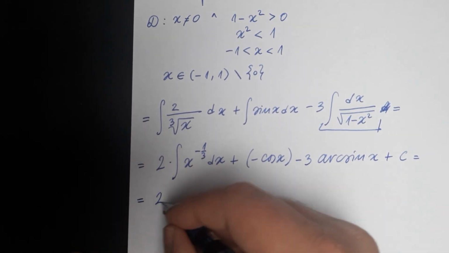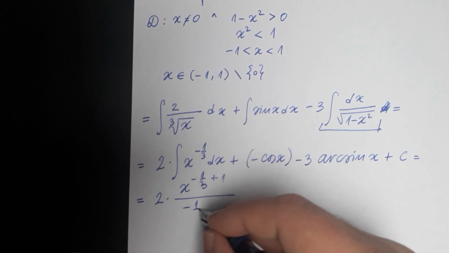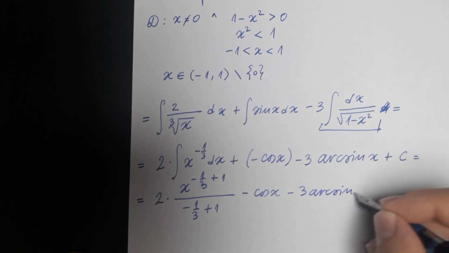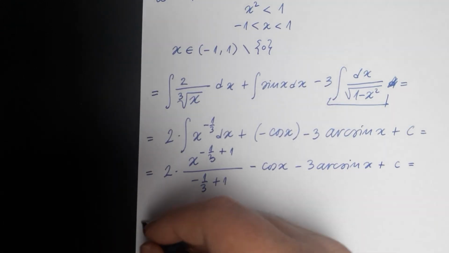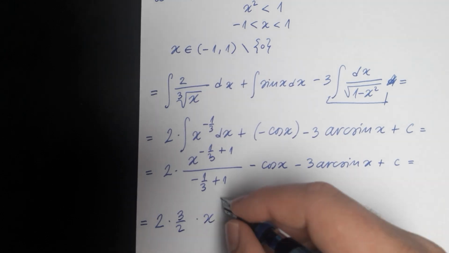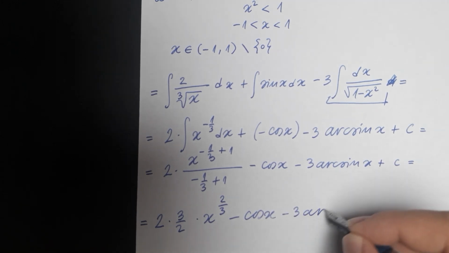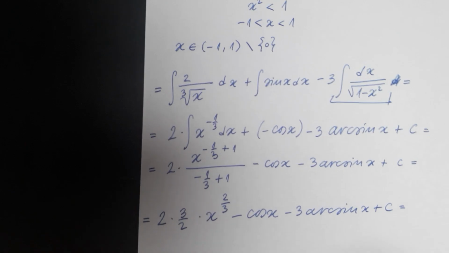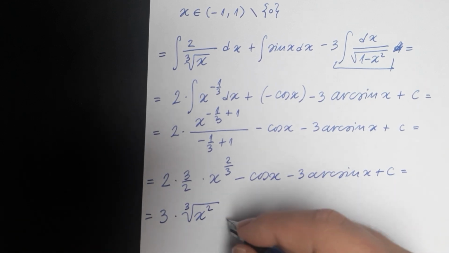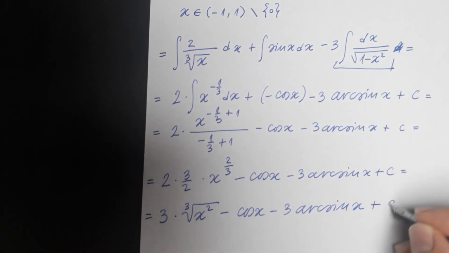So this is then equal to 2 times x to the power negative 1/3 plus 1, divided by negative 1/3 plus 1, minus cosine of x minus 3 arcsine of x plus c, which is finally equal to 2 times 3/2 times x to the power of 2/3 minus cosine of x minus 3 arcsine of x plus c, which is equal to 3 times the cubic root of x squared minus cosine of x minus 3 arcsine of x plus c.